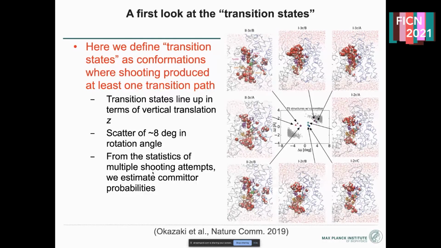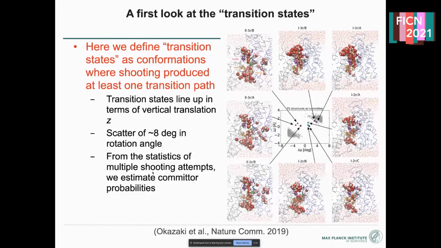And so in this plot on the right, you see the location of these transition states in between the two islands of gray dots corresponding to inward open and outward open conformations. And you see, in addition, connected by arrows, the conformations of these transition state structures with side chains and water molecules illustrated.